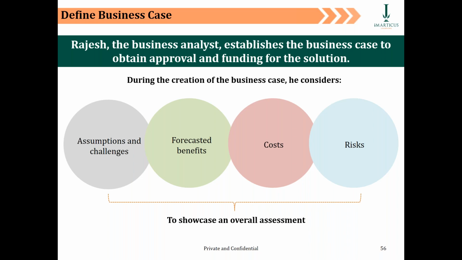This shows an overall assessment of whether your business case is positive or not, which means your forecasted benefits in dollar value exceed your costs in dollar value. But you can't do a dollar to dollar comparison unless you have supplemented your business case with what the risks are, how you mitigate them, and whether there is a mitigation plan.